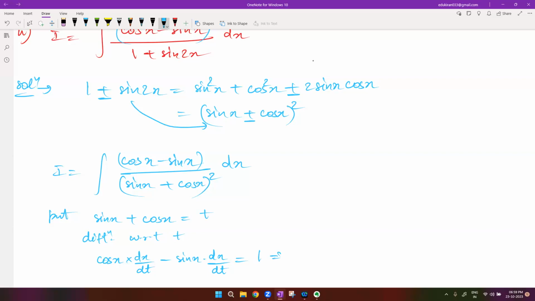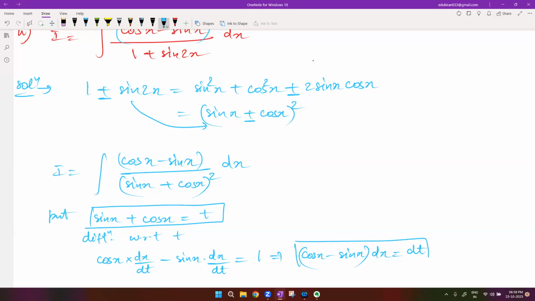So dt can go to the right hand side, and this becomes cos x minus sin x into dx. You can directly use these two equations to solve your integration.